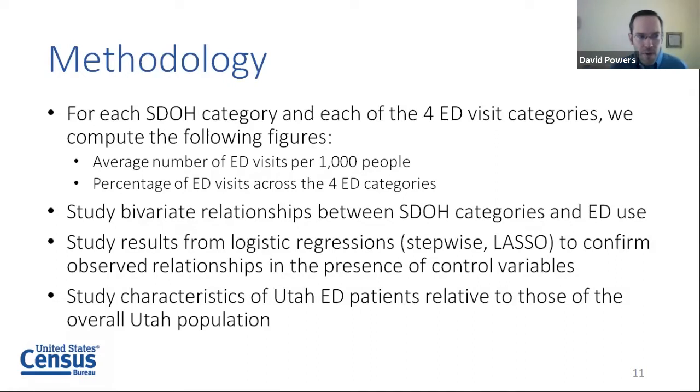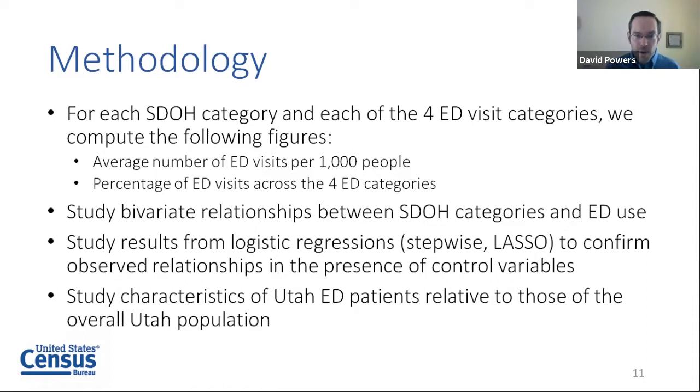So our methodology for studying the social determinants of ED visits in Utah is as follows. For each social determinant category, and for each of the 4 emergency department visit categories, we compute the following 4 figures. The average number of emergency department visits per 1,000 people. We compute the percentage of emergency department visits across the 4 emergency department categories.